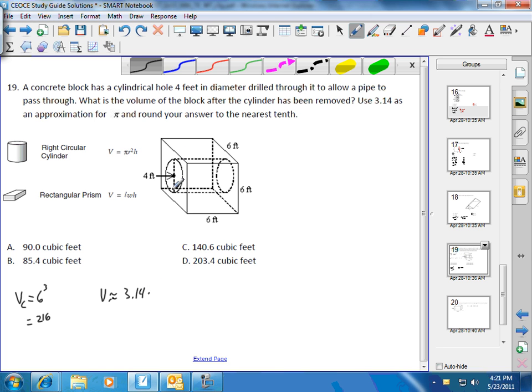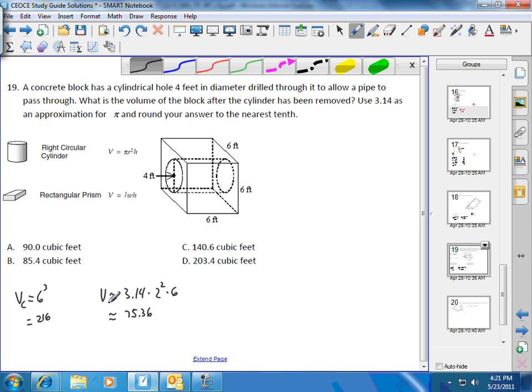If the diameter is 4, then the radius is 2, times the height of the cylinder, which is perpendicular to the circular base. So that's this portion here, which is 6 feet. So we've got 3.14 times 4 times 6, and that's 75.36.